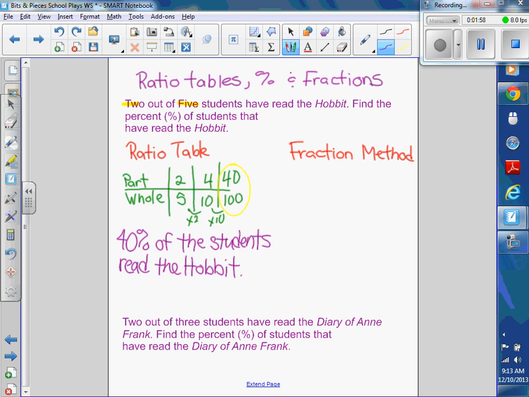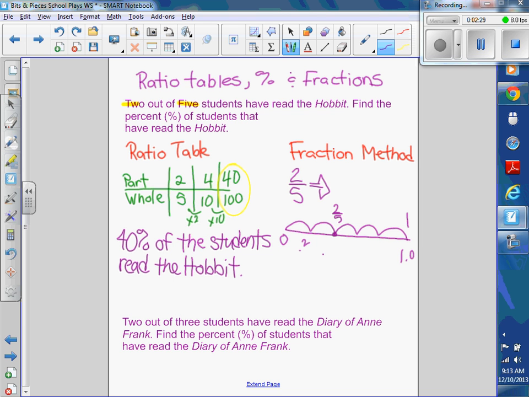So the fraction method is just using your benchmark fractions. If you know this by memory, it's especially helpful. If you don't, you should practice these and learn them by memory. But 2/5, if this is the decimal 1, the fraction would be here. And the benchmark fraction, we're counting by 0.2s, right?